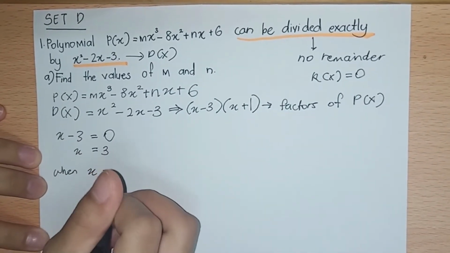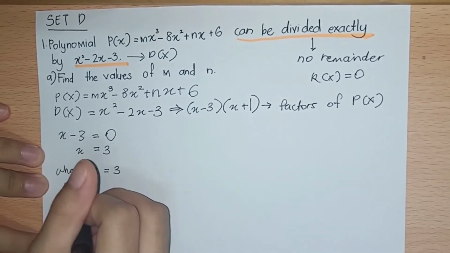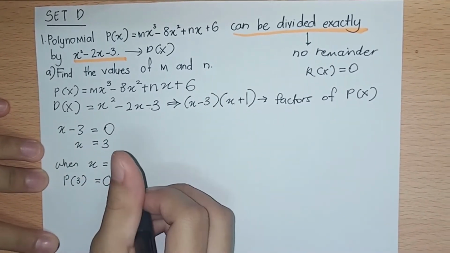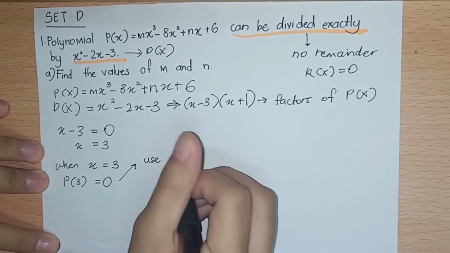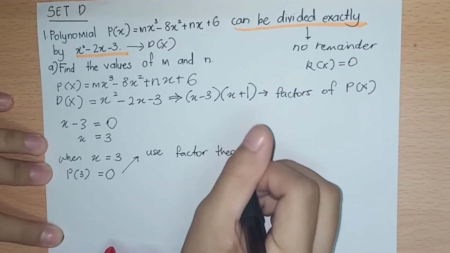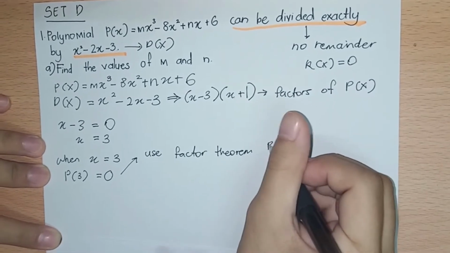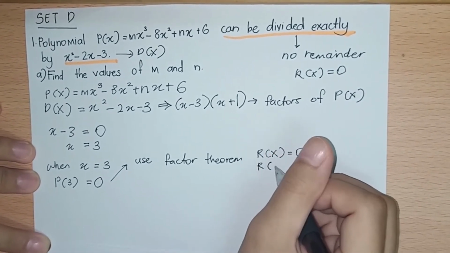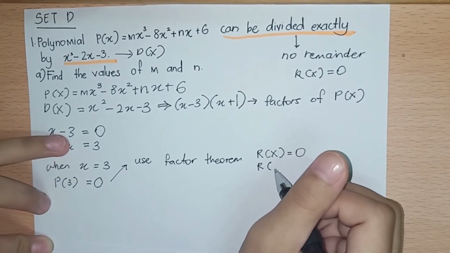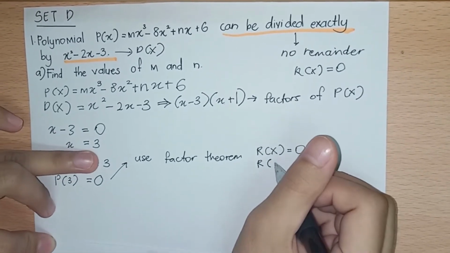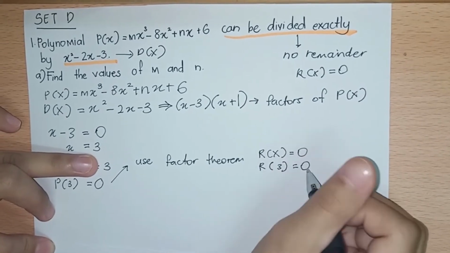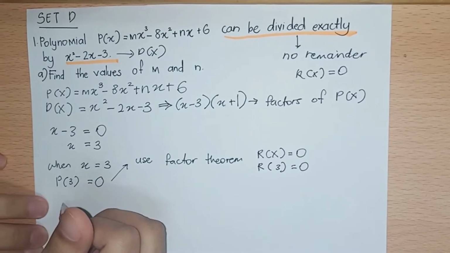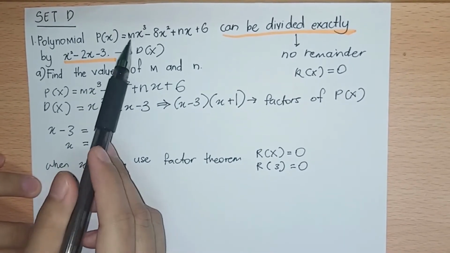When x equal to 3, P(3) is equal to 0. Why? Because we use the factor theorem, meaning that R(x) is equal to 0, right? So, the factor, which is x − 3, x equal to 3, so R(3) will be equal to 0. So, substitute into the original equation, which is P(x).